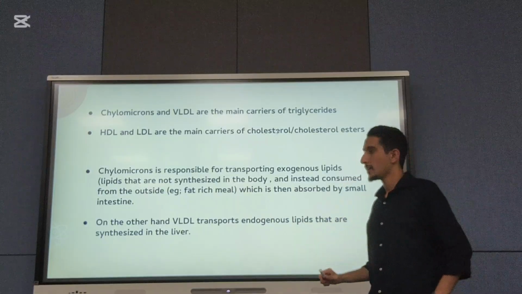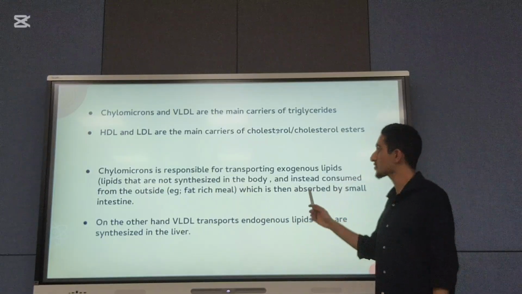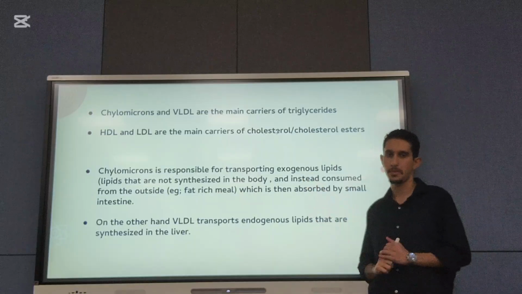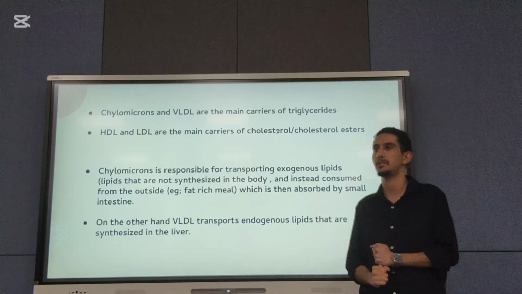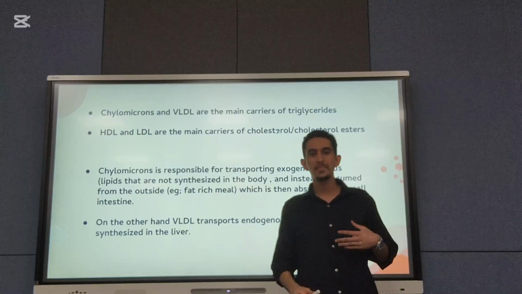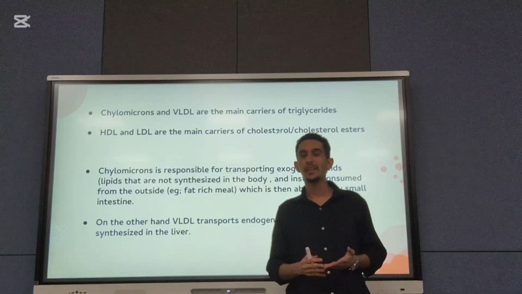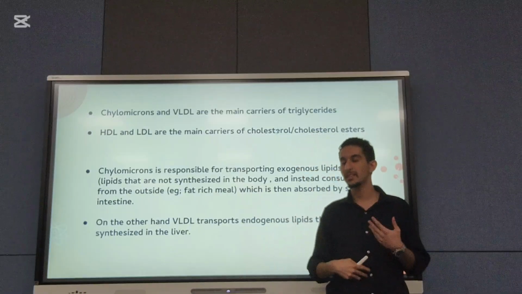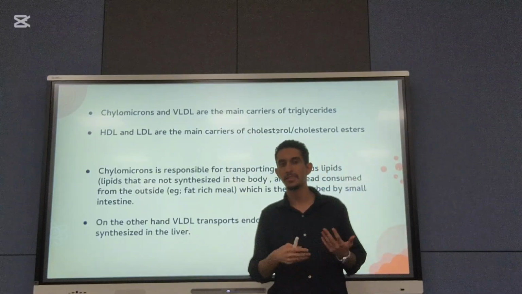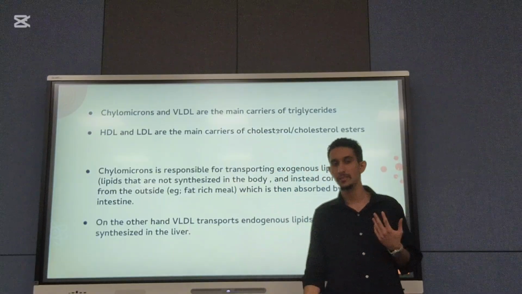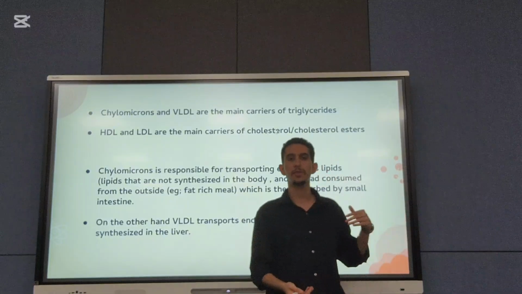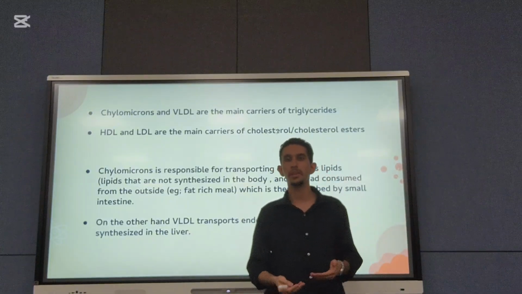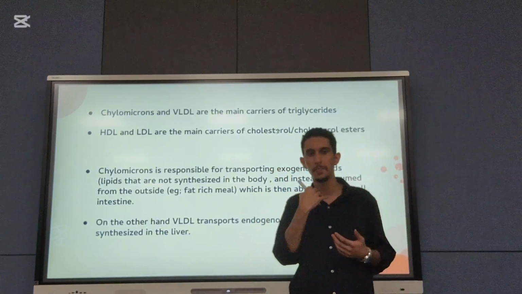Chylomicron has this specific function, which is transporting exogenous lipids. What do I mean by exogenous lipids? Lipids in our body, either the liver synthesizes the lipid, or we take the lipid from outside the body. We take it like in the food.